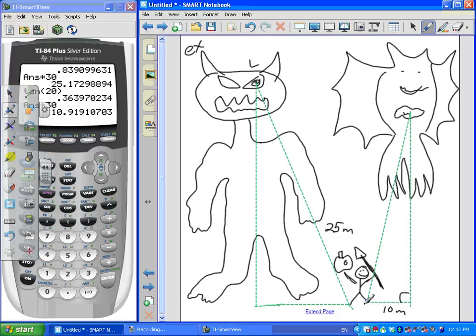I need you to discover the angle to throw the spear at. So you got to find out theta here. You need the angle to throw the spear at. And we're going to say you're 20 meters away. And on this one, the bat is 50 meters above the ground.